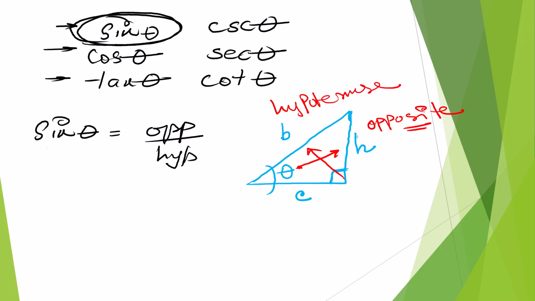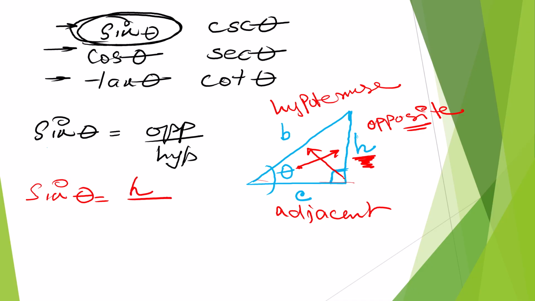And the side which is remaining is said to be adjacent. Now I want to find out sine theta. So what is the formula? Opposite over hypotenuse. So the opposite is H, and the hypotenuse is small b.